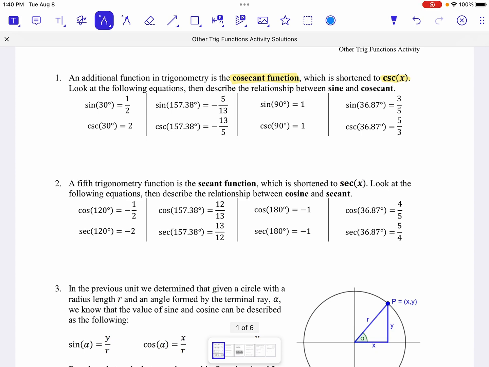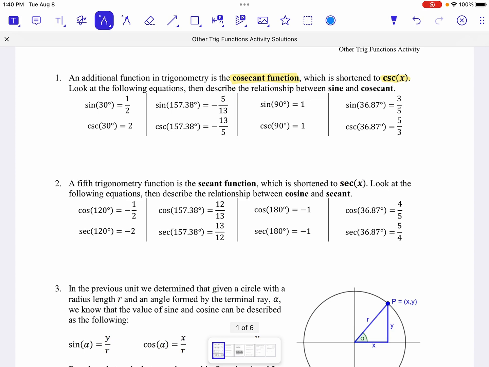Hopefully by this point you're noticing a pattern going on here. And then I get thrown a wrench because sine of 90 and cosecant of 90 are both 1. That's interesting. But then when I come back over here to 36.87 degrees and I have sine of that value, I get 3/5, and then cosecant of that angle would be 5/3.